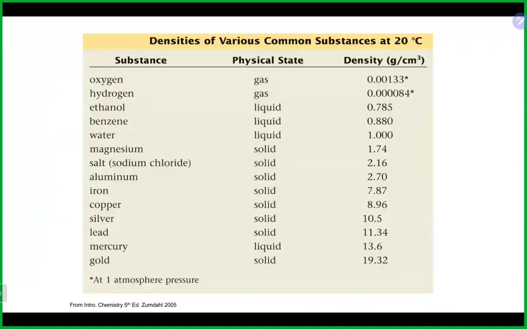All right, so here again is the density of some common objects. As I mentioned before, liquid water is 1 gram per milliliter, which is a common value that you use. I think we talked about it last time, but again, water is an unusual substance in that its solid version is less dense than its liquid version.